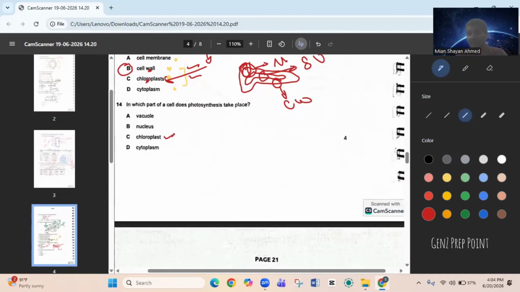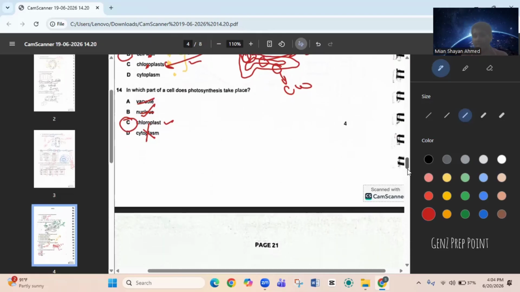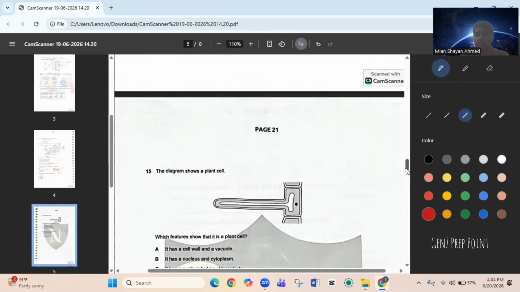Chloroplast has chlorophyll, which traps sunlight, and chloroplast does photosynthesis. Nucleus controls cell division, so this won't be the answer. Vacuole contains cell sap, a storage unit. Cytoplasm contains cellular organelles. They have no contact with photosynthesis.